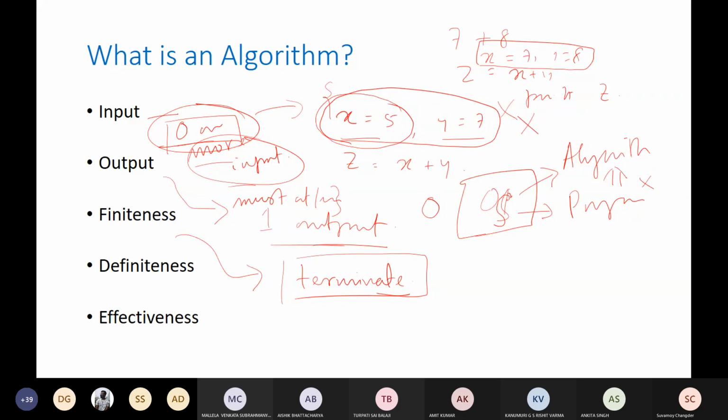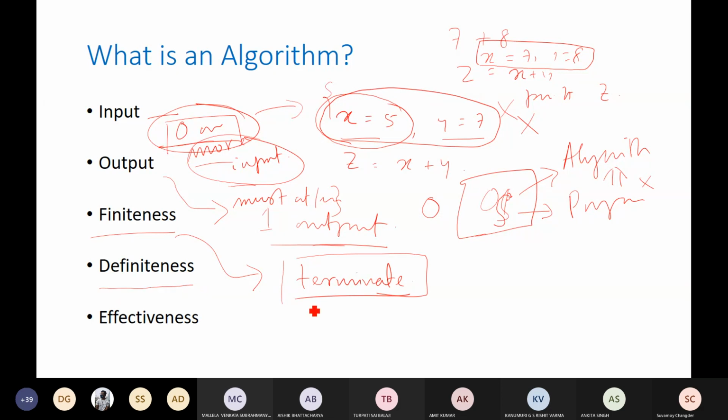The algorithms may interact with each other and may go for an infinite run, but each individual algorithm must terminate after a finite number of executions. I think you have got the point. If you have any doubt, we can discuss this point again at the end of the class. But the thing is that finiteness means every algorithm must terminate after a finite number of iterations or finite time.